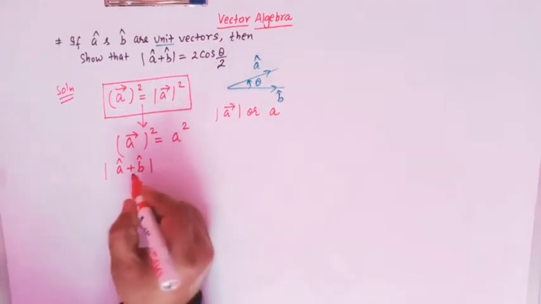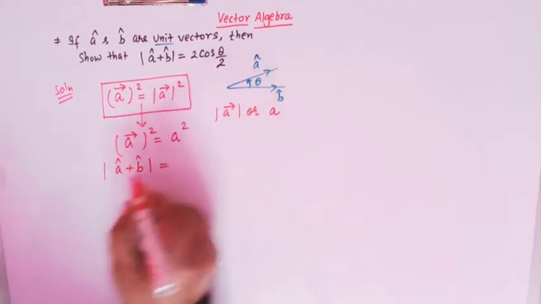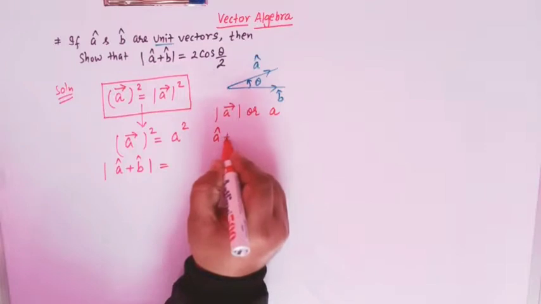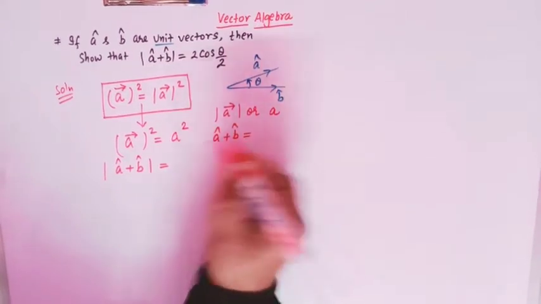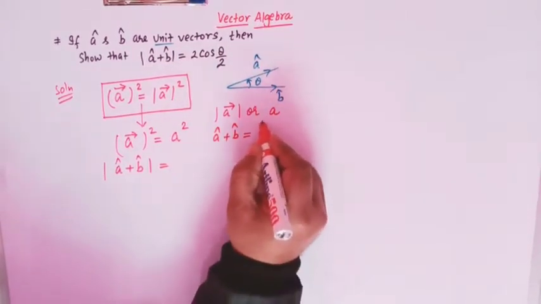So let us take the sum of a cap plus b cap as some other vector, say c cap.